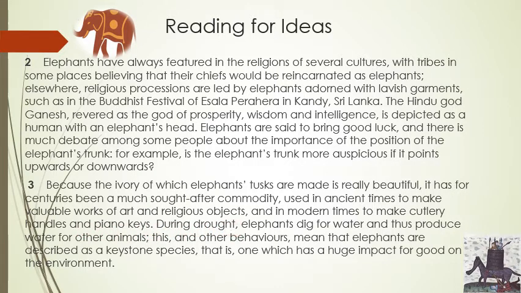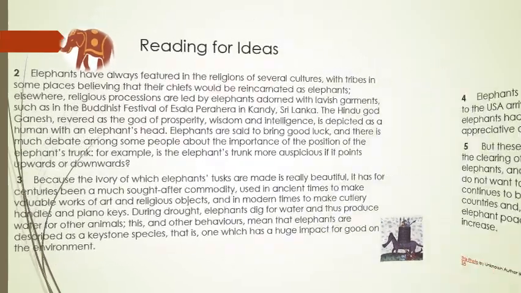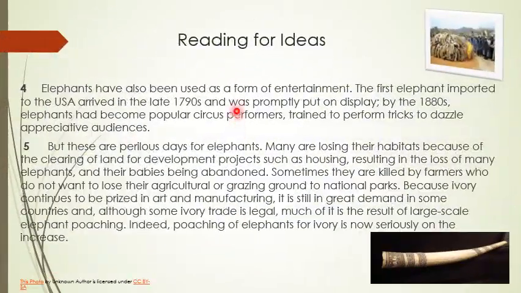They can also help us to locate water. Then, elephant as entertainment. Elephants were brought for the first time to the USA in 1790. They were displayed by the 1880s. They were performing many dazzling tasks in the circus.